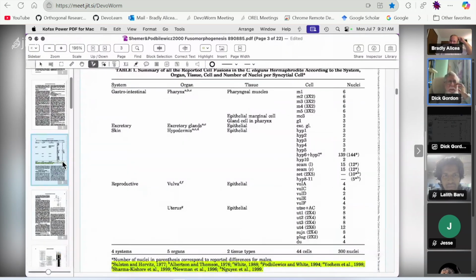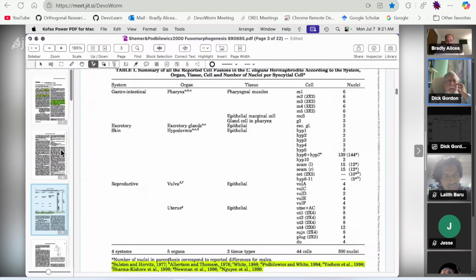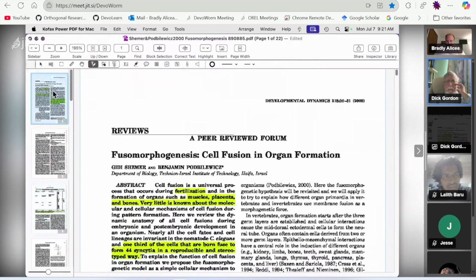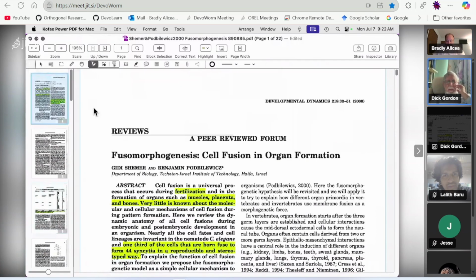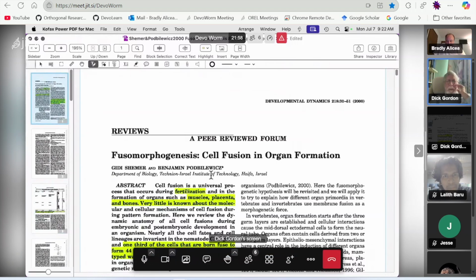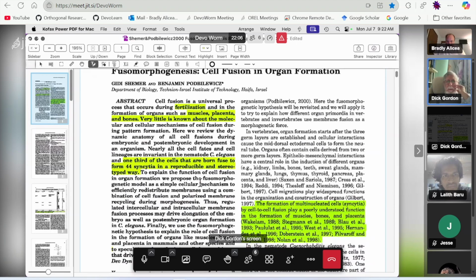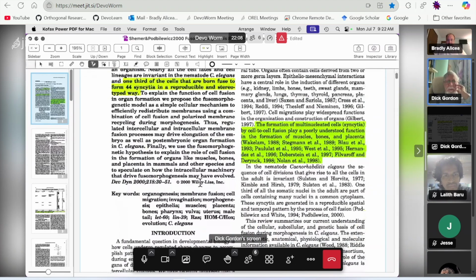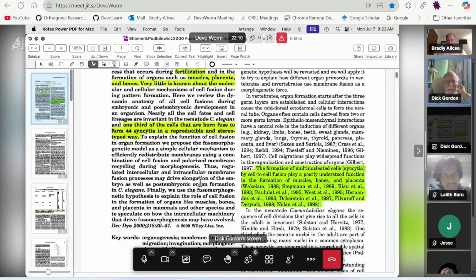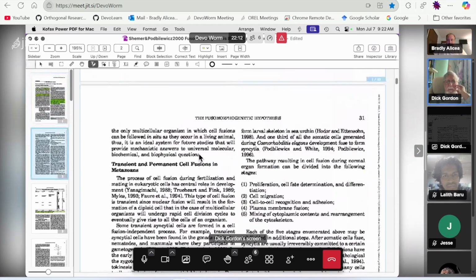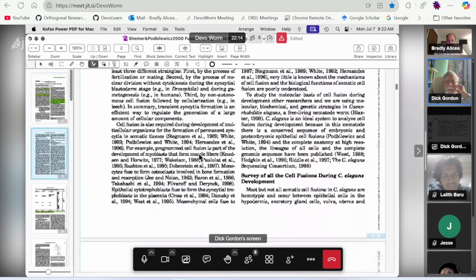This is a table from this paper. Podbilewicz worked with White, so his pedigree goes back to the original work here, I guess.